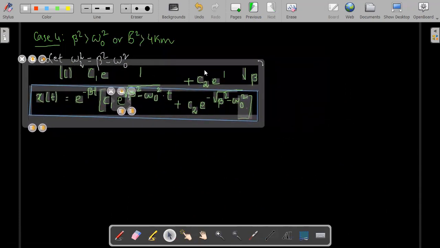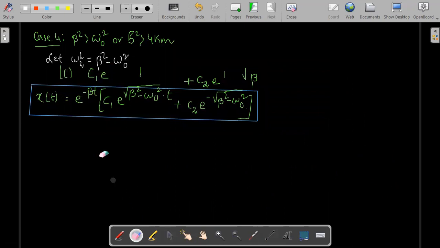So this was our expression 2. Let me make it a bit more visible for you. Here we are going to replace the terms. So this was omega naught square.